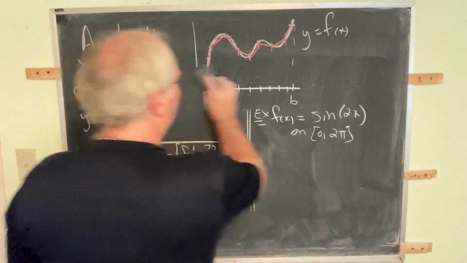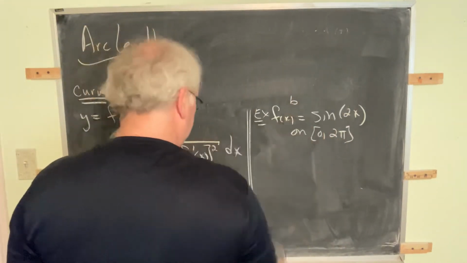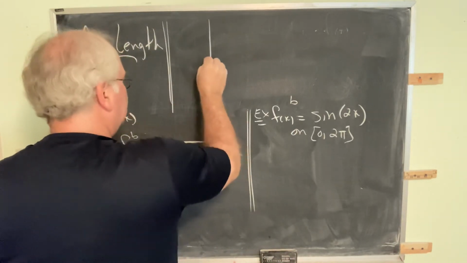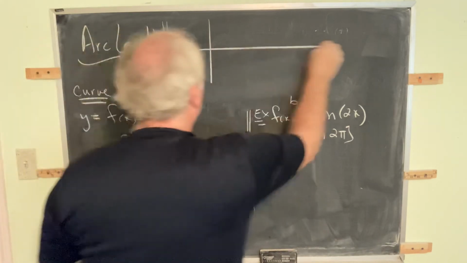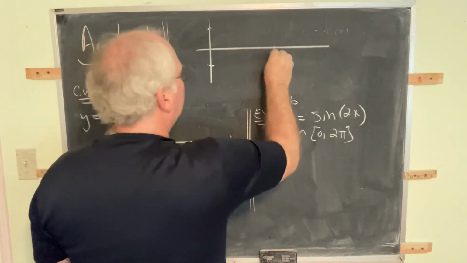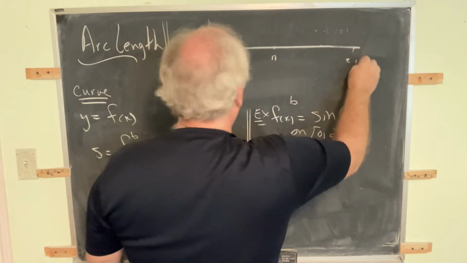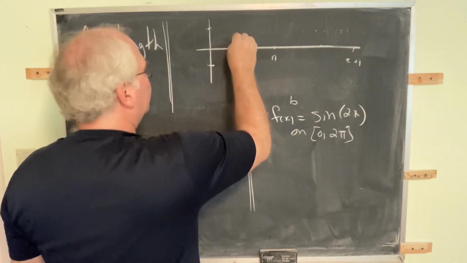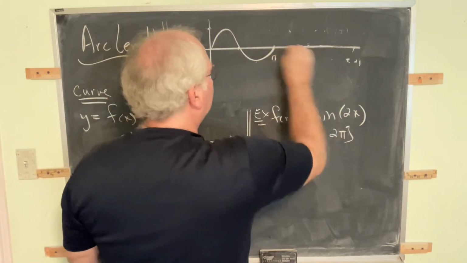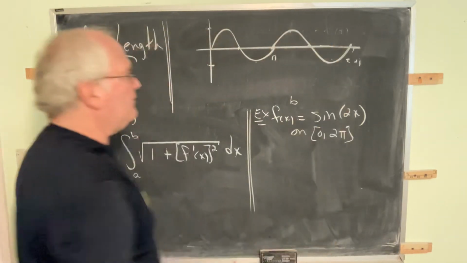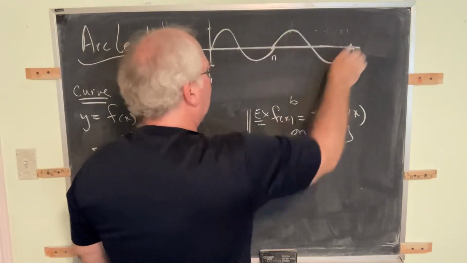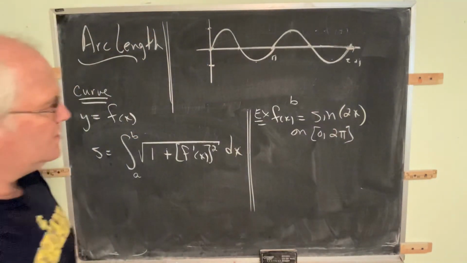So let's draw a rough sketch of that picture. You don't necessarily even need the picture, but for the record, I think this is it. Here's 1, so there's pi, there's 2 pi. We have to go through one cycle, and we have to go through another cycle. So very roughly, that's the picture. We want to find the arc length of that entire curve over the interval from 0 to 2 pi.